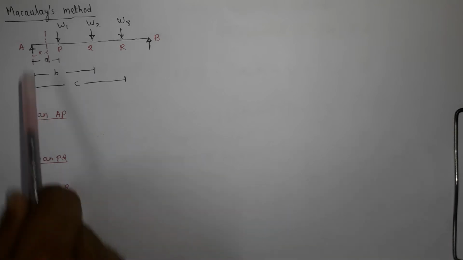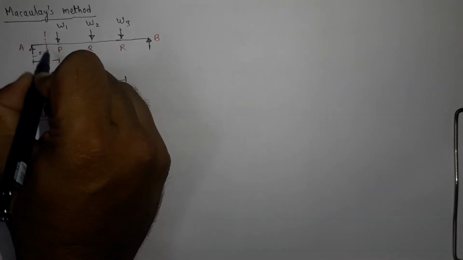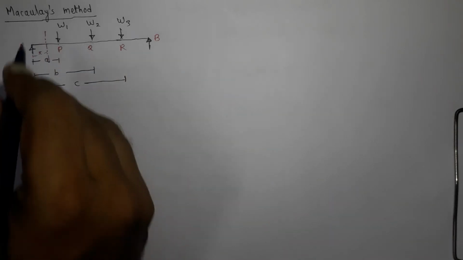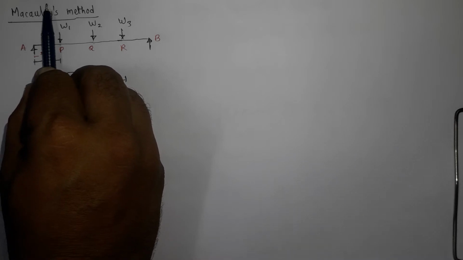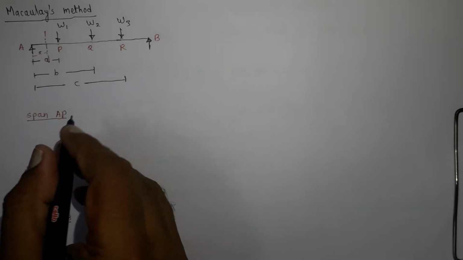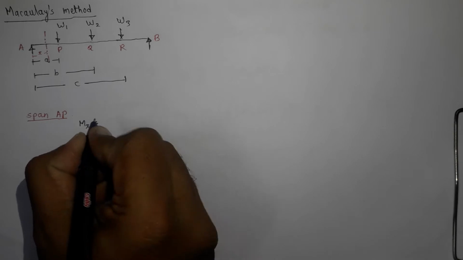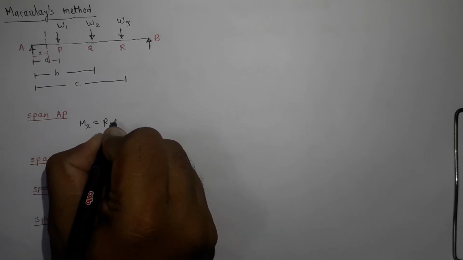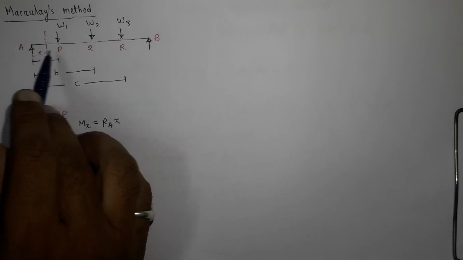If I take the moment at this section, going with the left part of this beam, then the moment of RA will be there. RA into x is clockwise, so I am going to treat it as positive. Mx is equal to RA into x.